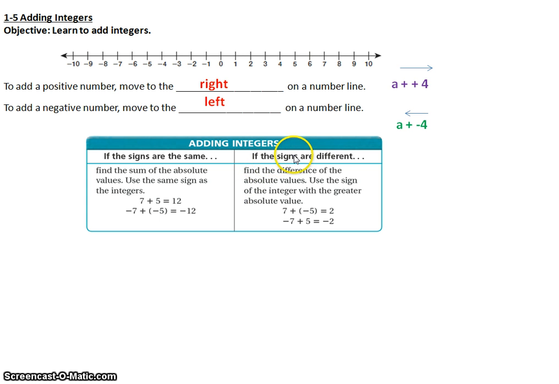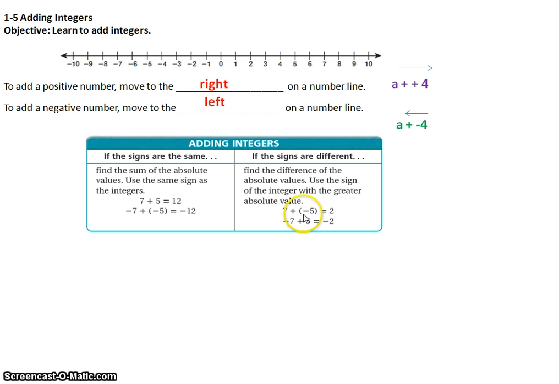Now if we're adding and the signs of the numbers are different, we need to find the difference of their absolute values, then use the sign of the integer with the greater absolute value. There are two examples of that. 7 plus a negative 5. Now these signs are different. Negative 5 and positive 7, those are different signs.